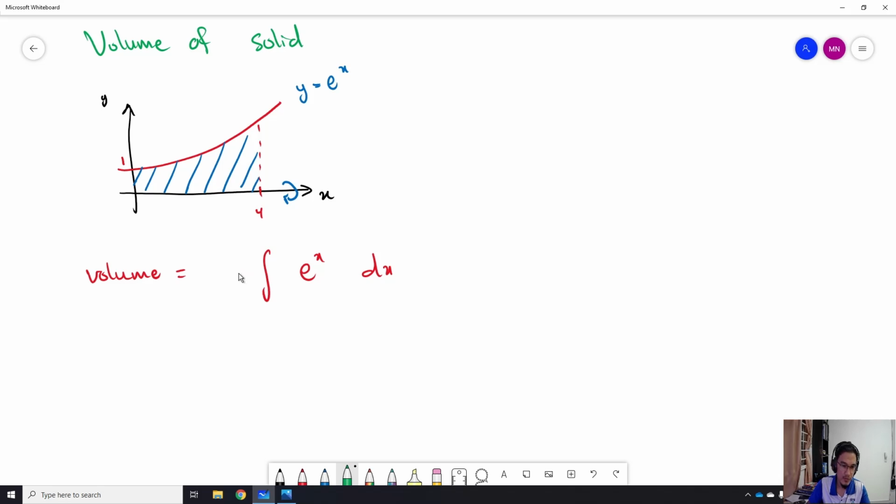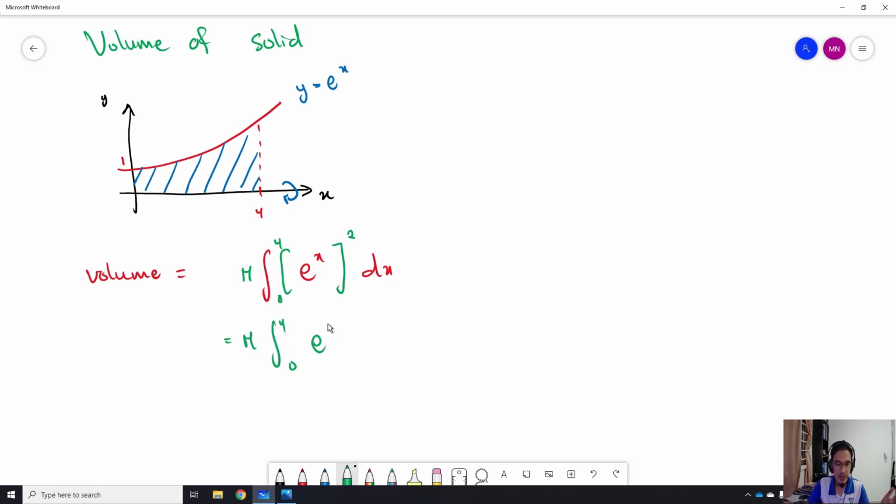We need to add pi in front of the integration, and our function, e to the x, must be squared. So the limits are still 4 and 0 because the region is from x equals 0 until x equals 4. Then we just integrate this like usual.